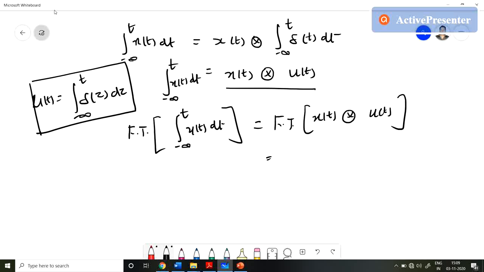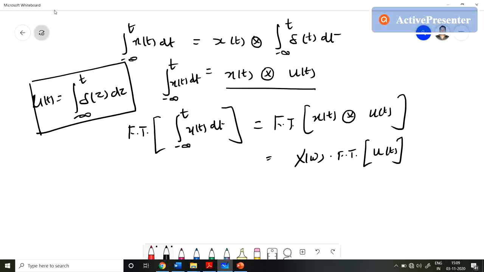We can write it in terms of omega or f; right now I am using omega, and we will see f also.